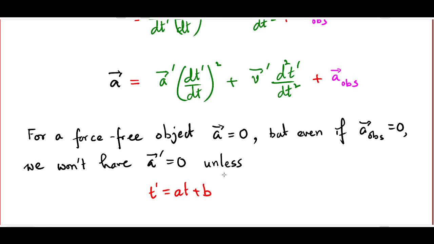But this situation is actually very similar to where we were in the last lecture as well, when we were talking about inertial observers. Remember, there we were using observers who are both using the same time, and we said that if one observer is inertial and another observer doesn't accelerate with respect to that observer, then the second observer would also be inertial.